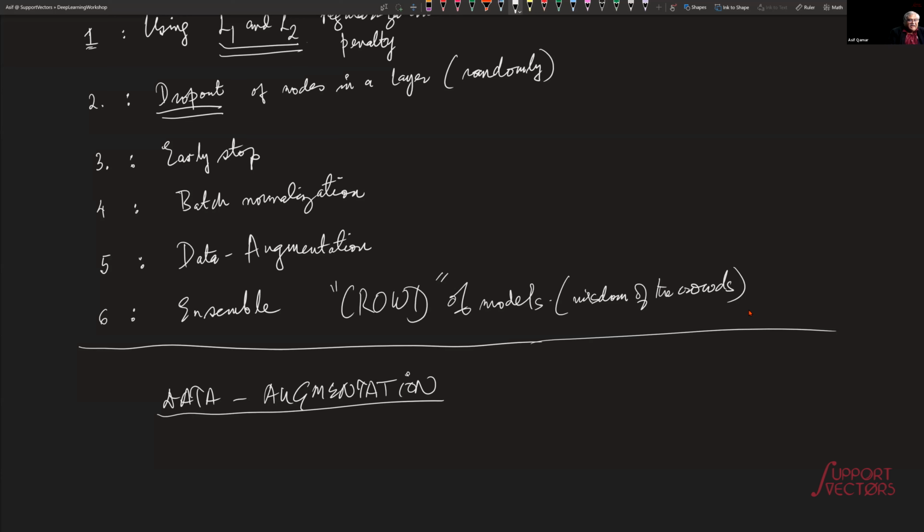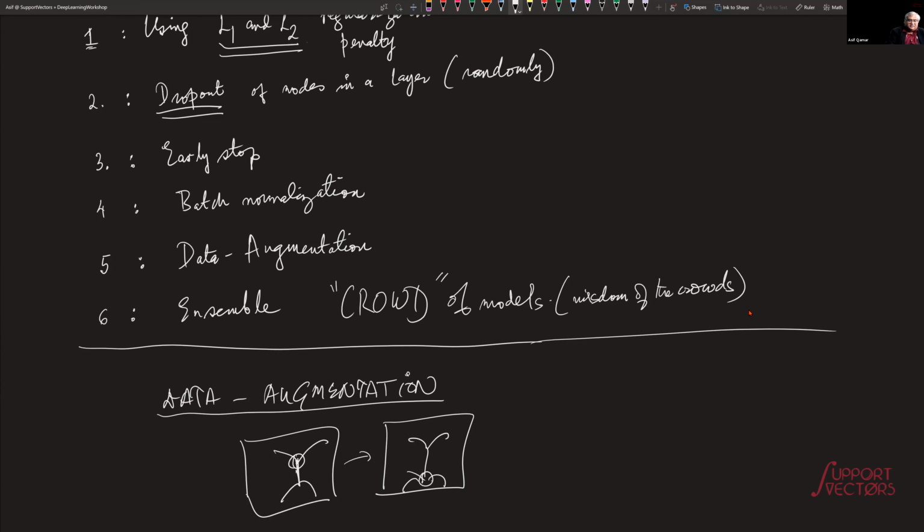Let's say that you have an image of a person with his hands raised. So what you can do is you can create one more data point by having this guy stand on his head.